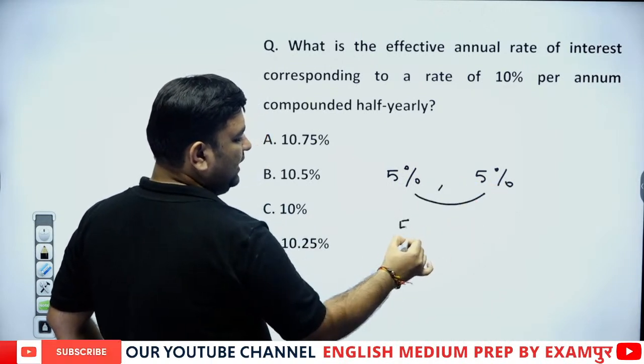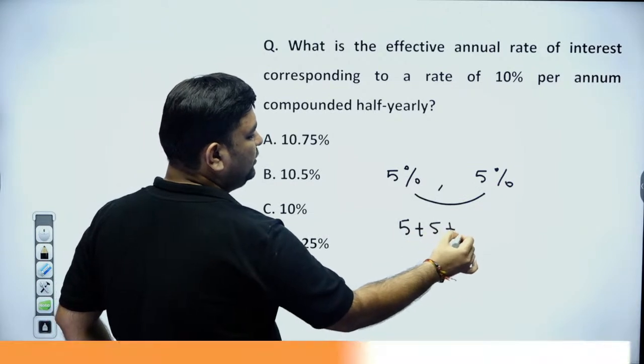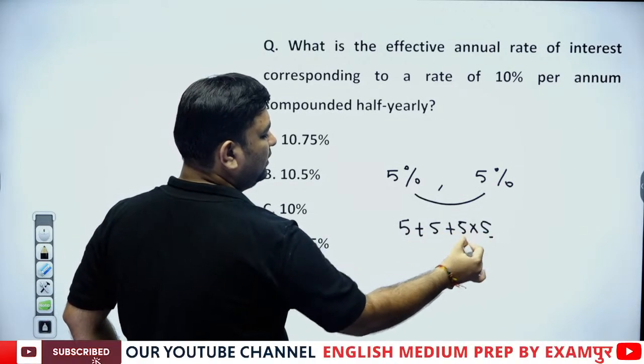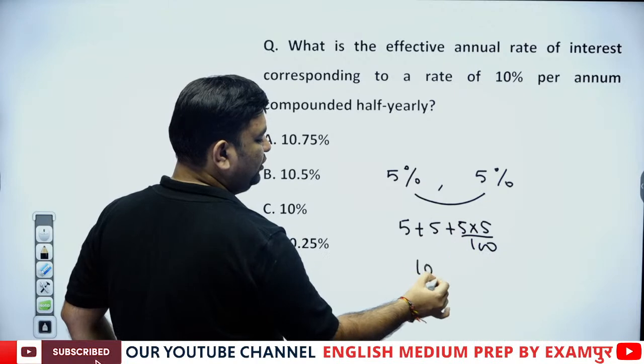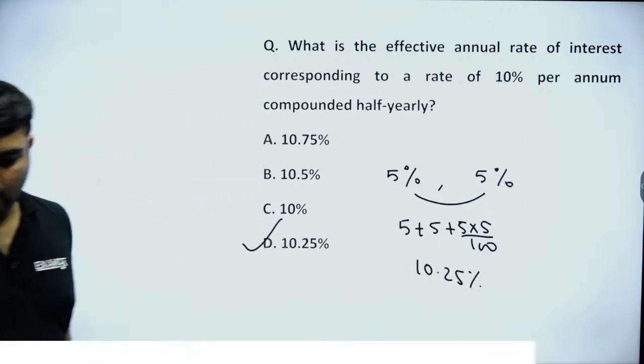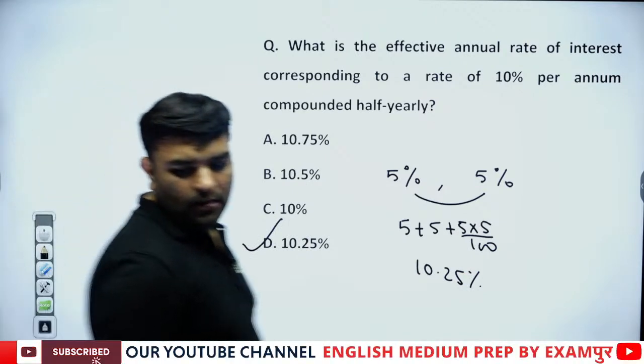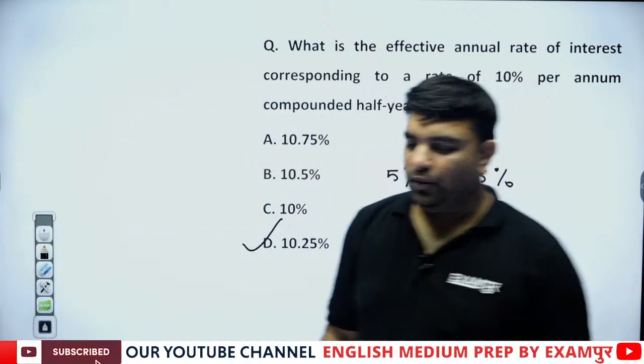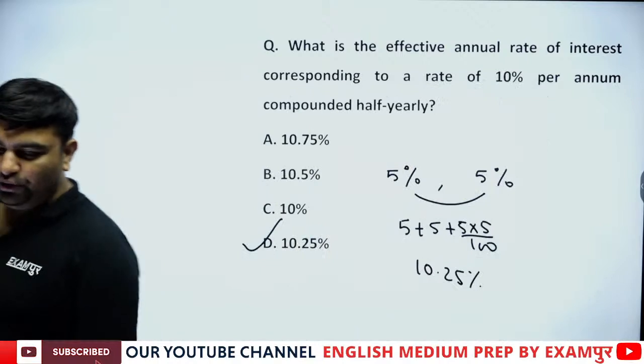Effective is A plus B plus A into B upon 100, which is 10.25%.